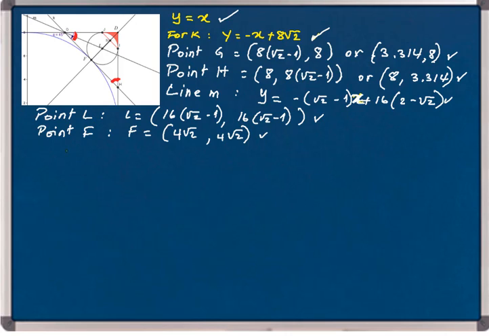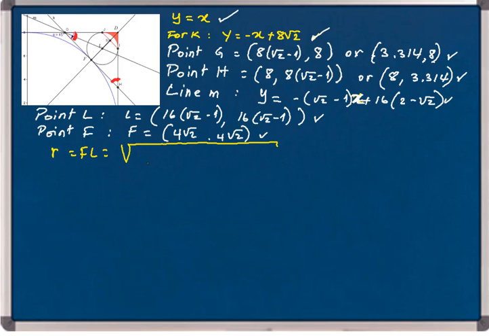Now we have point L, and earlier we calculated point F. We found F was 4 square root of 2 and 4 square root of 2, where the line K was passing. Now we have that information, and all we need here now, we have FL to calculate. That is small r, is equal to FL, is equal to square root.